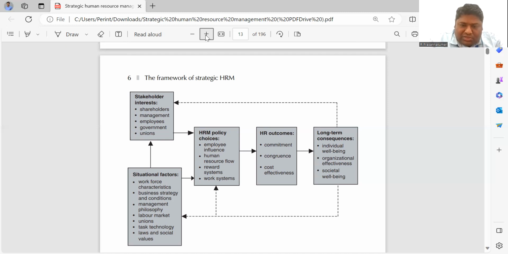Employees also have some problems regarding the management, so the union people will understand those problems. For example, employees can't travel a long distance to the organization, so the union can raise a question to management to please arrange some convenience allowances or some transportation facility. If food facility is not there, they can ask for a canteen facility, providing meals to the employees. Apart from that, medical facility, schools, children's education facility.